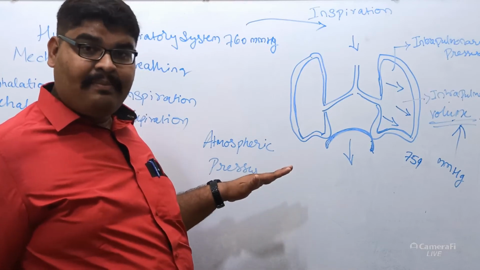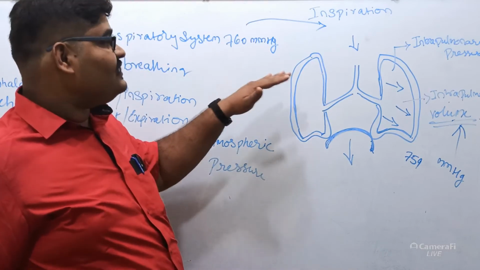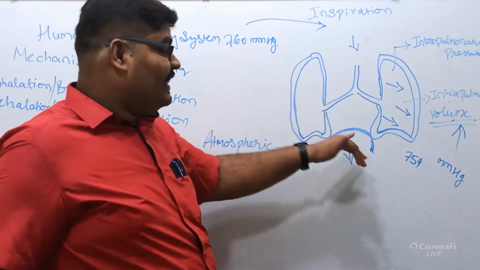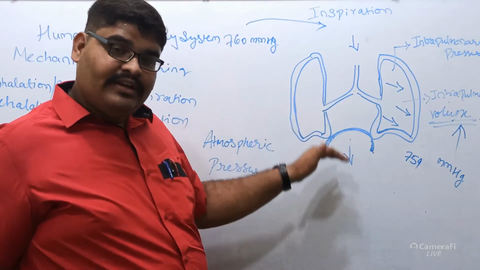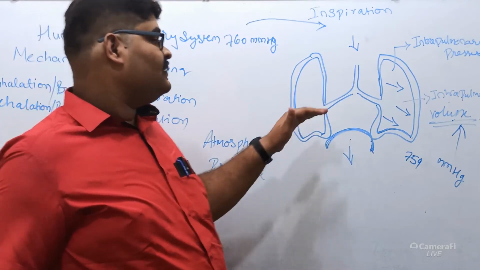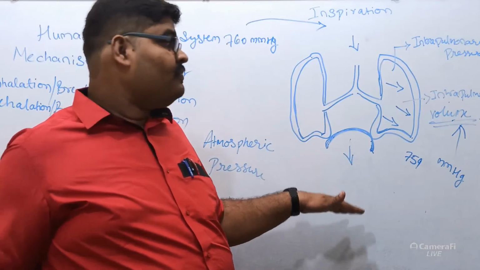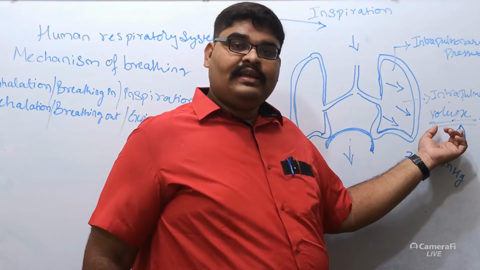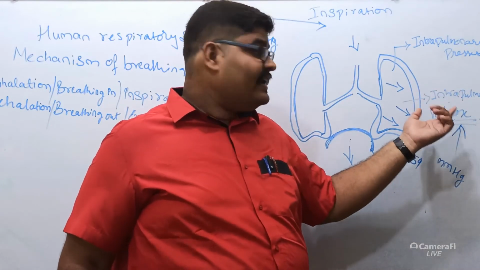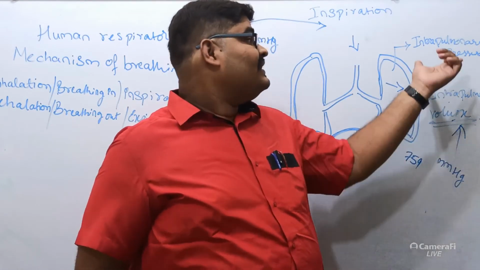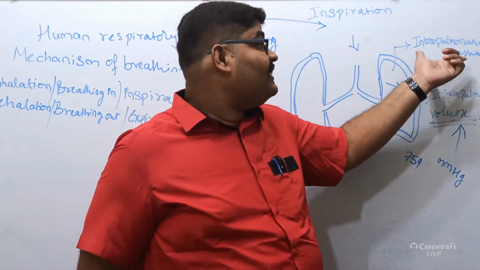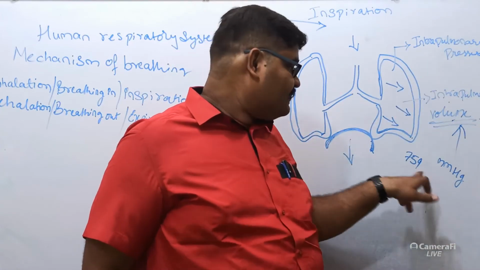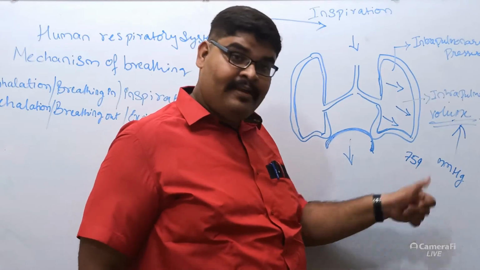So what is happening in inspiration? First, the intercostal muscles and diaphragm contract. Due to this, there is downward movement of the diaphragm, and the intrapulmonary volume increases. Due to increased intrapulmonary volume, there is a drop in intrapulmonary pressure, from 760 to 759.